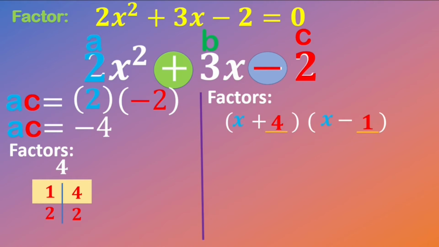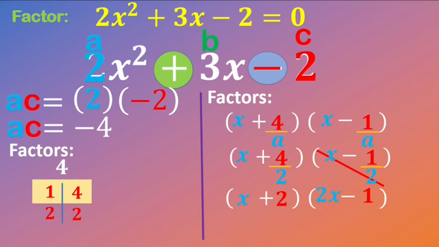So that is 4 divided by a and -1 divided by a. So 4 divided by 2 is 2 and -1 is not divisible by 2. But you can arrange the expression by multiplying 2 and x to get 2x. Thus, the factored form of 2x squared plus 3x minus 2 is x plus 2 times quantity 2x minus 1. Now, applying the zero product property, the roots are -2 and +1/2.